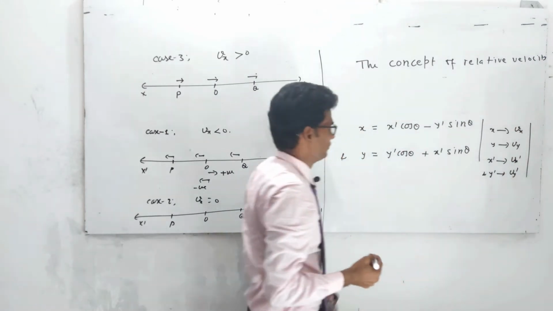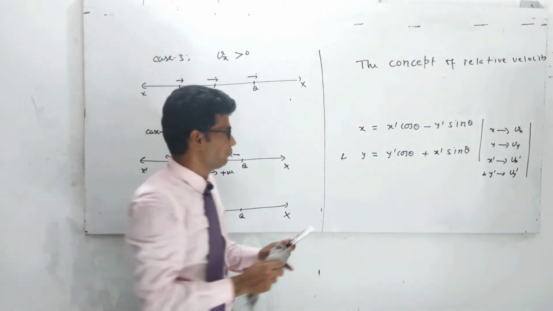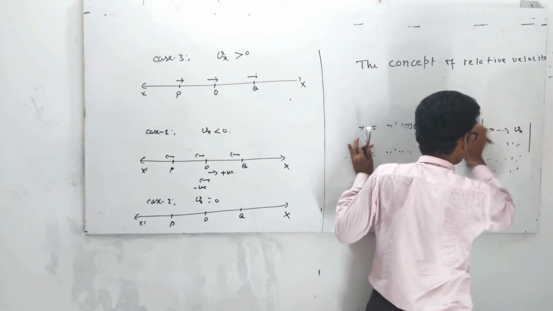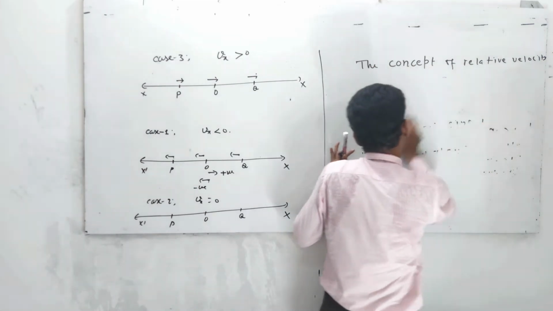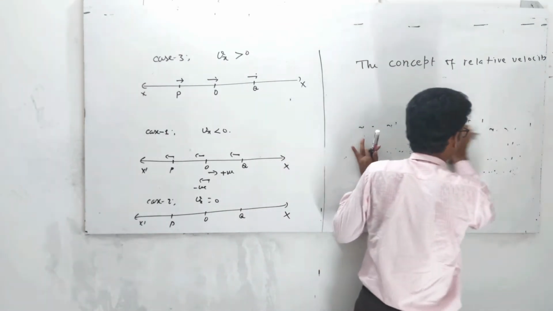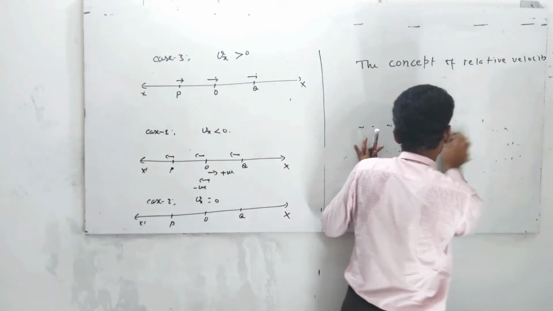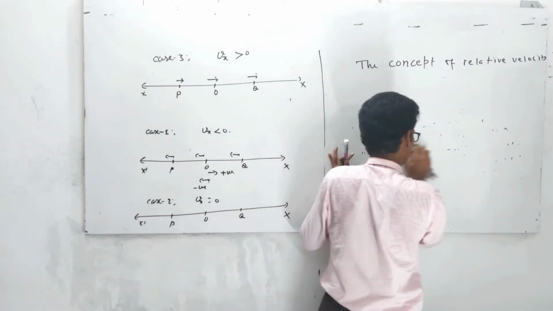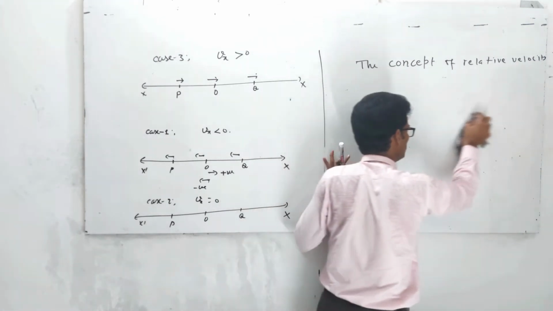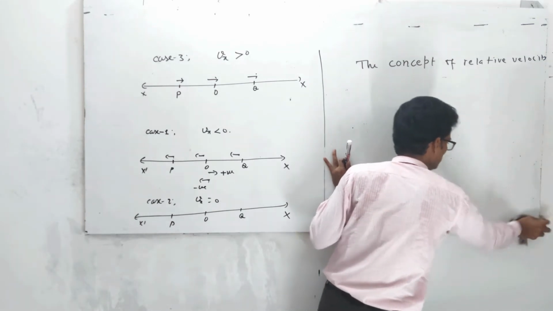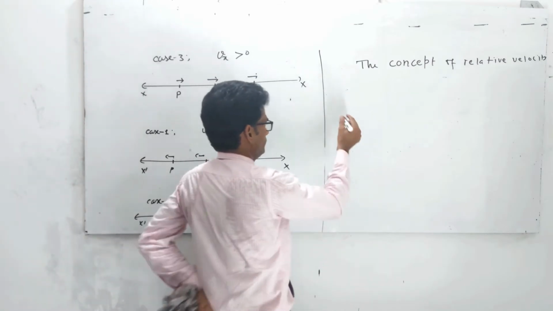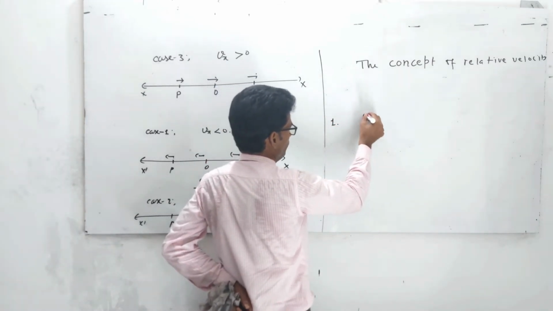The concept of relative velocity, however, in one dimension, or in two dimensions, or in three dimensions. Firstly, we have taken it in one dimension.